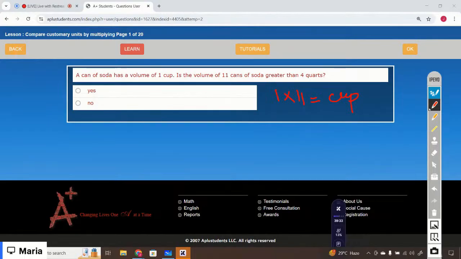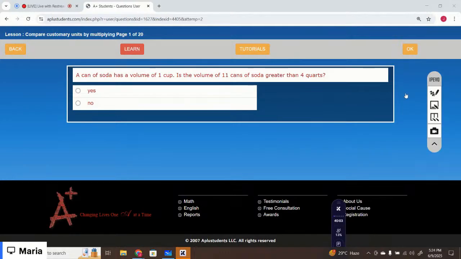So 4 quarts equal how many cups? 4 quarts equals 4 times 4 is 16 cups because in one quart we have 4 cups. The volume of 11 cans of soda is not greater than 4 quarts. The correct option is no.